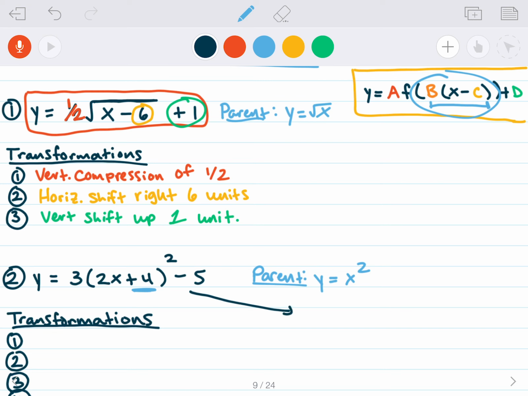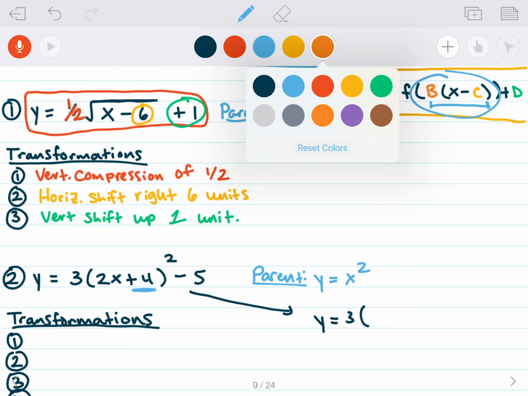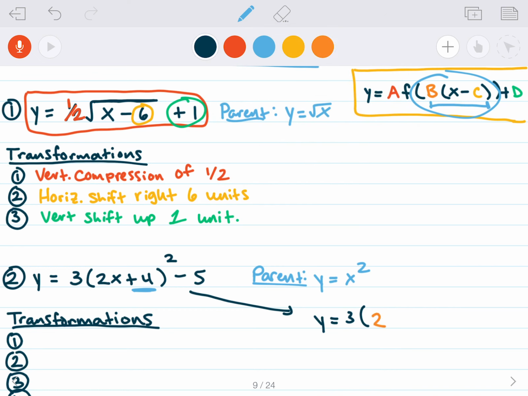I'm going to rewrite this as y equals 3. That's fine. And now what I'm going to do, to put it in this form, I'm going to take the 2 out. I'm going to divide both 2x and 4 by 2. And when I do that, what I'm left with on the inside is x plus 2. So it's actually shifted to the left 2 units, not 4 units.